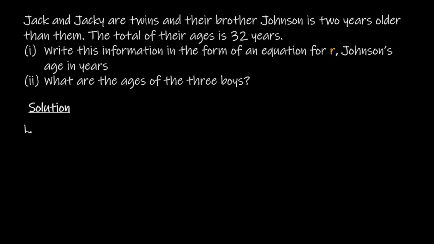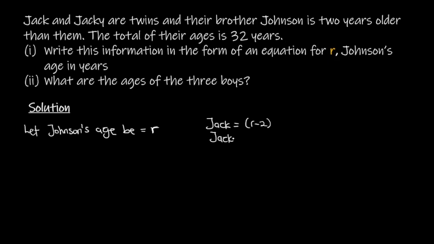So let Johnson's age be equal to R. Now, if Johnson's age is R, then for either Jack or Jackie, since Johnson is their brother and is 2 years older than them, Jack will be R minus 2 years old.